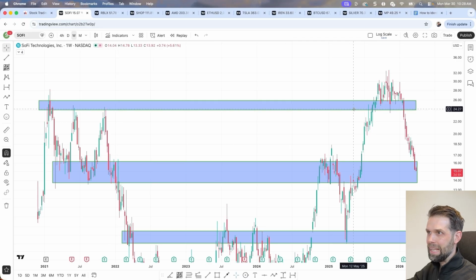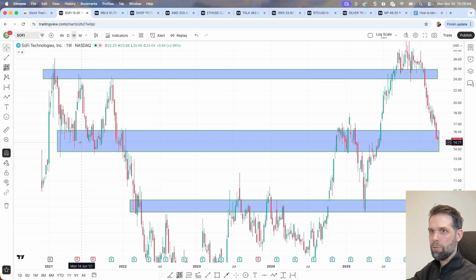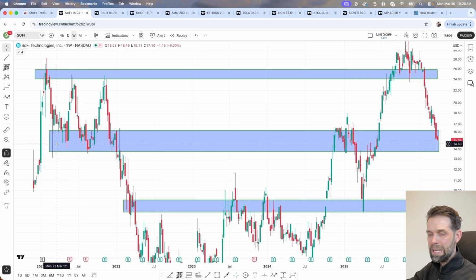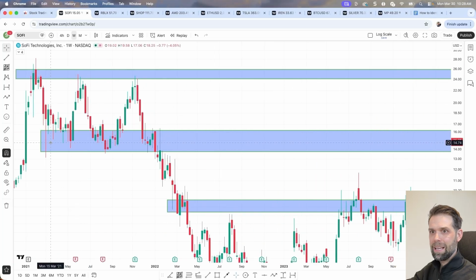And then at the end of 2025, we can see that was an important area where price got above, tried to flip it to support, but then failed. And then further down in and around the $14, $15 zone here, this was a support zone in the past. So back in the summer of 2021, this was support.